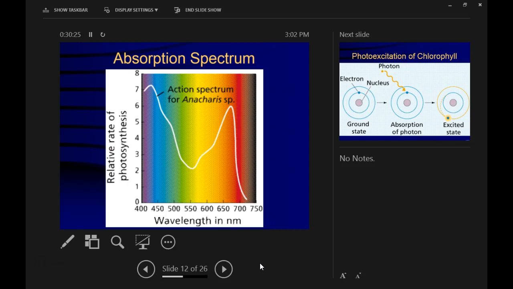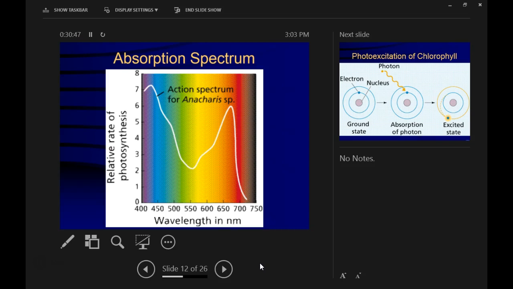The nucleus is positive, electrons are negative. Those that are closest are the ones that don't have the energy to be far away. So it's almost like a spring. The more you pull it out, the more energy you got. The ones that are farther away have the most energy.